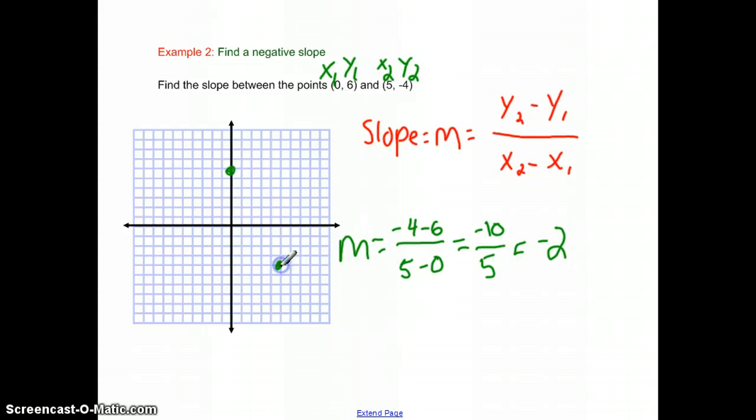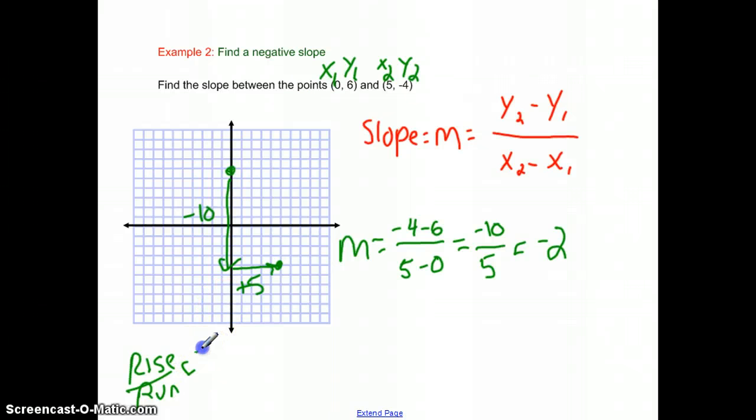And if we go from one point to the other, say we start here, we have to go down 10, and we've got to go to the right or over 5. So if we did rise over run, we've got negative 10. Let me clean that up a little, got a mess there.